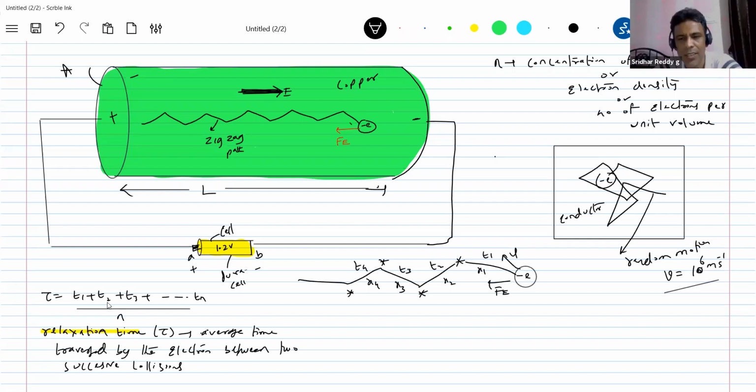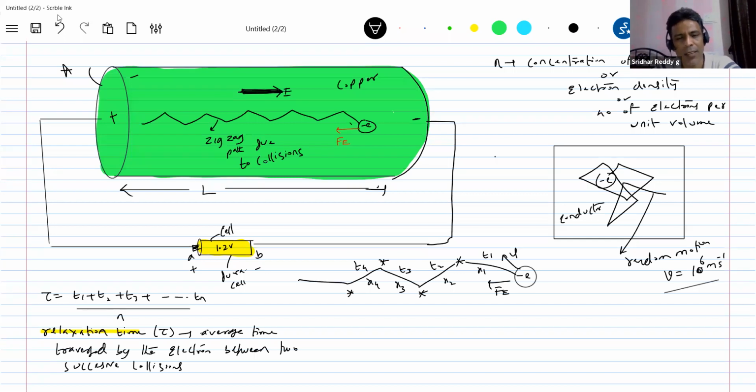Because as the electrons start accelerating, they will encounter an atom and collide. Then due to collision, what happens? It will change its path. So therefore, the zigzag path. Why zigzag path? Zigzag path due to collisions.